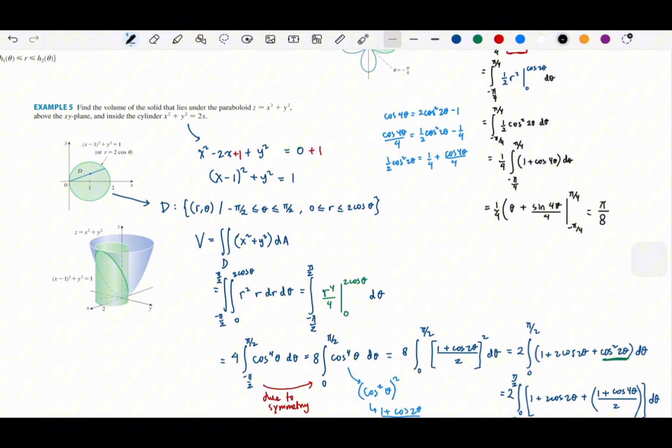The next part in our course, in our class, we are going to skip the applications, which are the moments, the inertia, and the center of mass. We are going to skip all that, and we move to the surface area. If you look at the textbook, that is section 15.5, surface area.